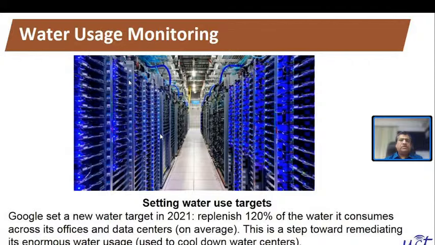For example, Google has set a new water target that by 2021 it would replenish 120% of the water it consumes across its offices and data centers. So each and every industry is trying to control water consumption in the same way.